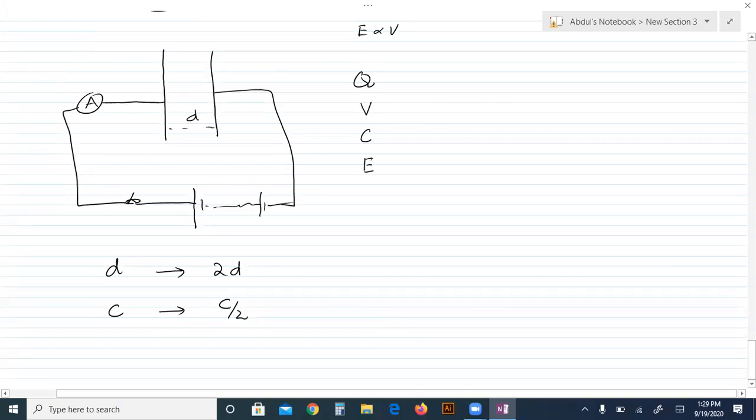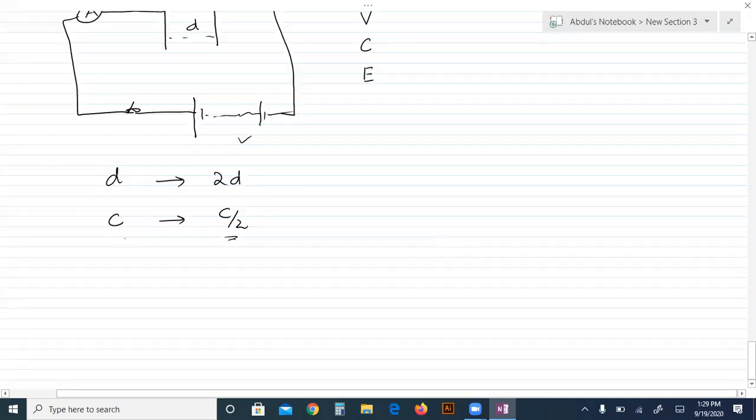It will send a few charges back, right? Because when the capacitance decreases, the potential increases, so the capacitor will be at a high potential and the battery at a low potential. Due to the high potential, charges will flow back. At the end, when the potentials are the same, there will be no flow of charge.